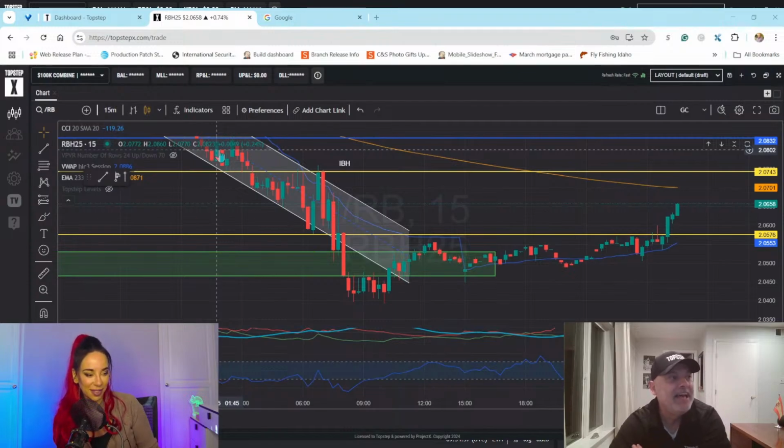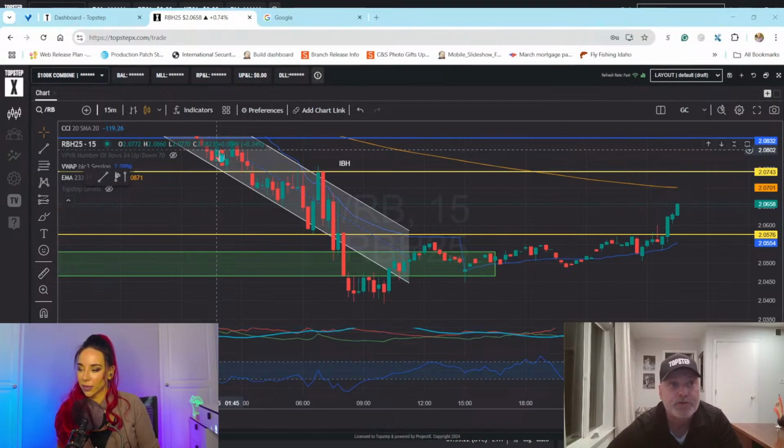So volume profile, for me, I would say range trading is not necessarily my forte, I'm more of a momentum trader. But if I were to use volume profile, I would use the edges of the volume profile as areas for reversals.